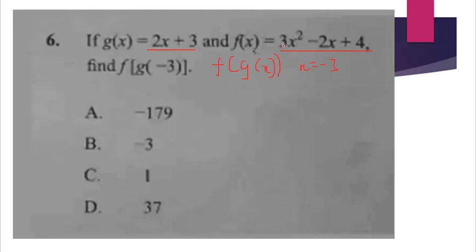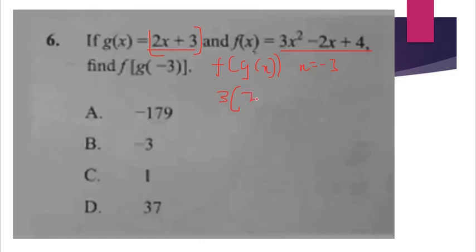So we have f of x, which is 3x squared minus 2x plus 4. So we have to find f of g of x. This is what we will be using. This is 3 open bracket, this is x squared. So it means that we will replace the whole of x with 2x plus 3, that is the entire of g of x.